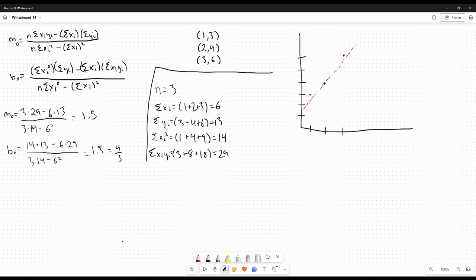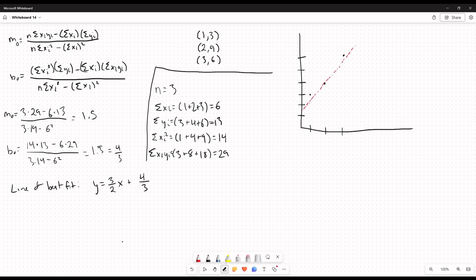Which means that the line of best fit will be y equals, we'll write 1.5 as 3 halves, why not? 3 halves x plus 4/3.